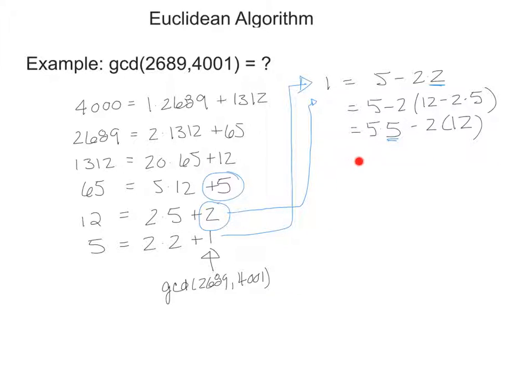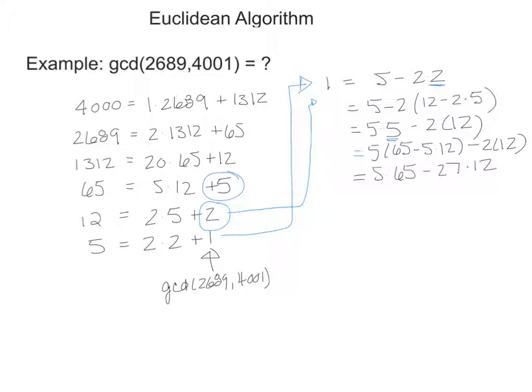So that'll give me 5 times 65 minus 5 times 12, and then I still have, from over here, my minus 2 times 12, and again I'm going to regroup my terms because I want to combine these 12s with these 12s, so I'll get 5 times 65 minus 27 times 12.